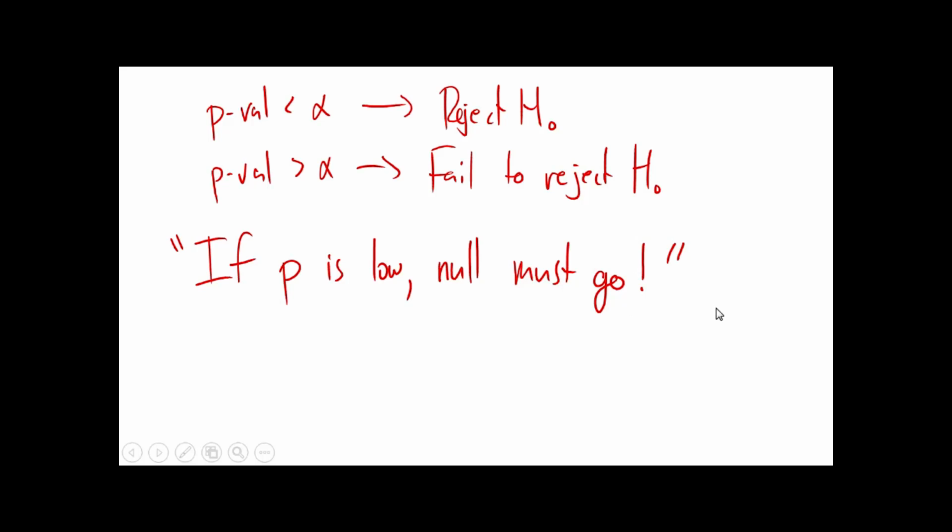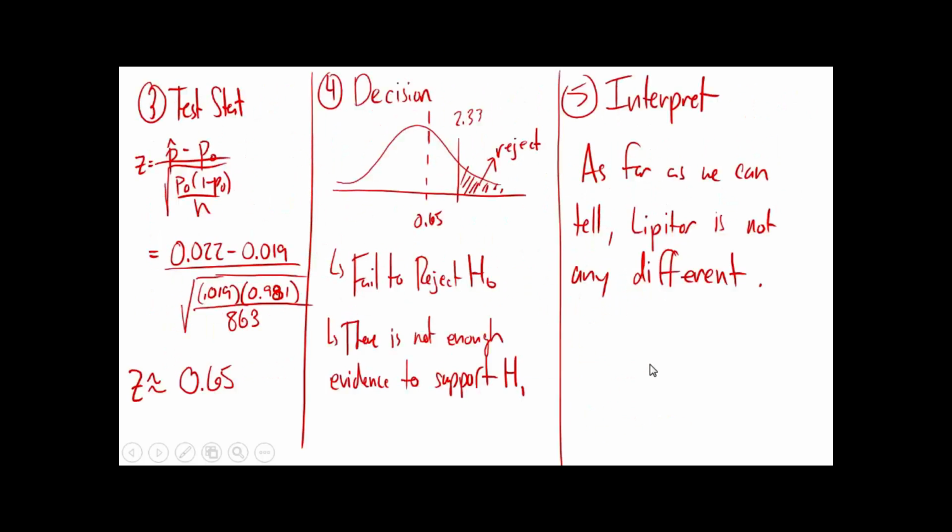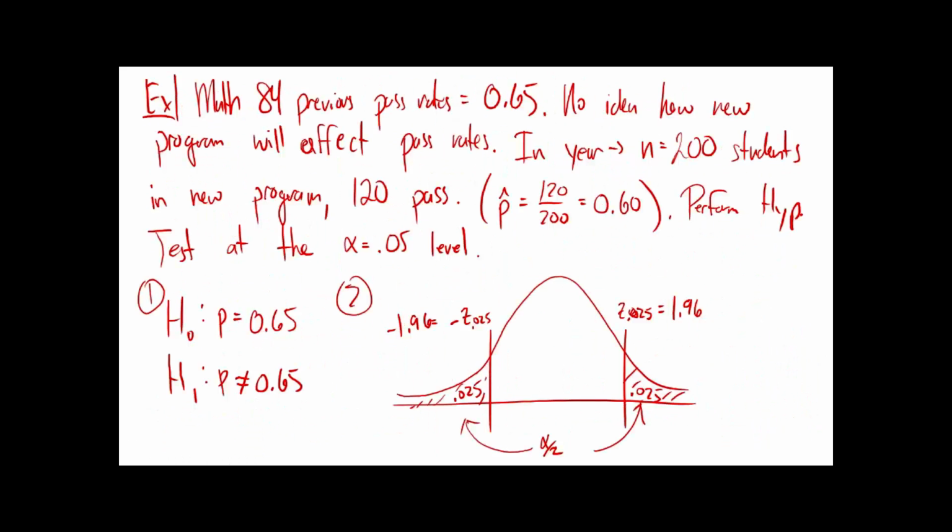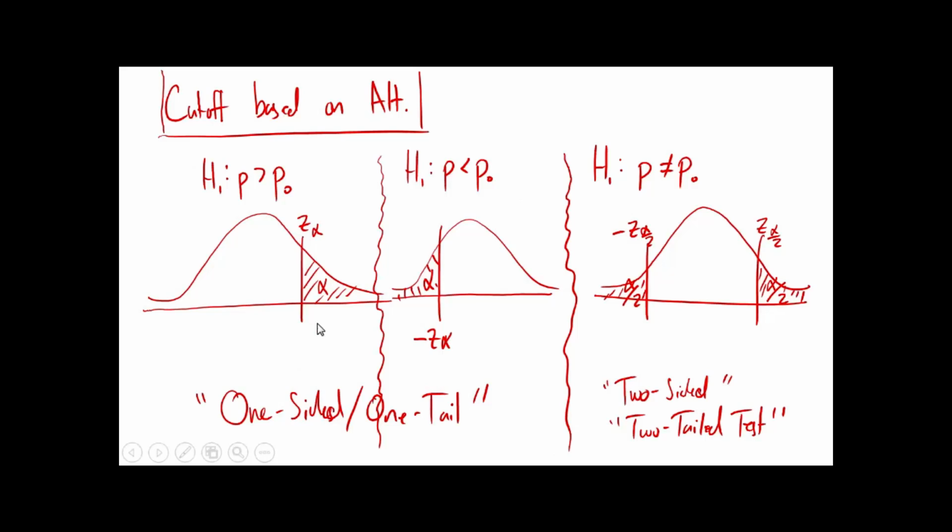Because there is one other thing I wanted to mention. I want to go back to here. It's pretty clear when your alternatives are right-handed or left-handed. You just load all your alpha up on the top or all your alpha up on the bottom. That gets your critical value. Or your p-value is just everything above or everything below your test statistic. The two-sided alternative is kind of annoying because you have to do it differently.